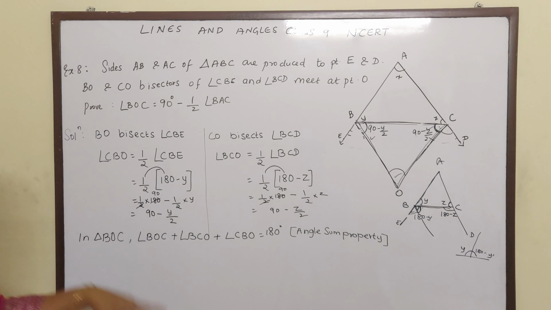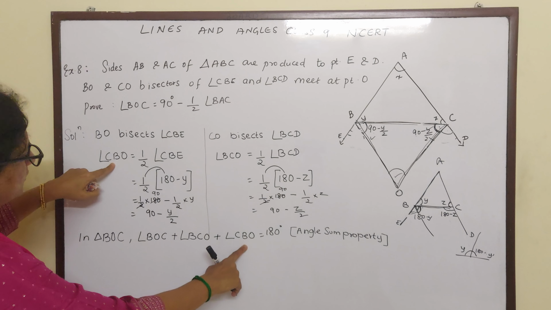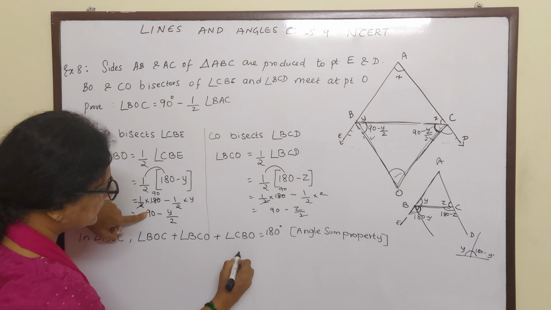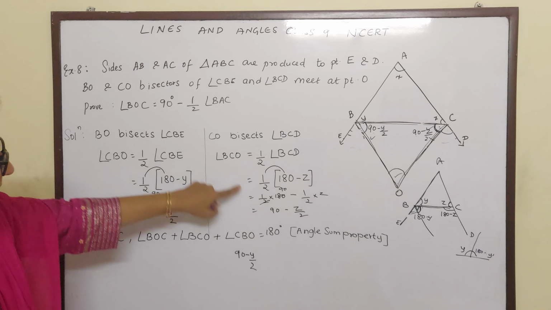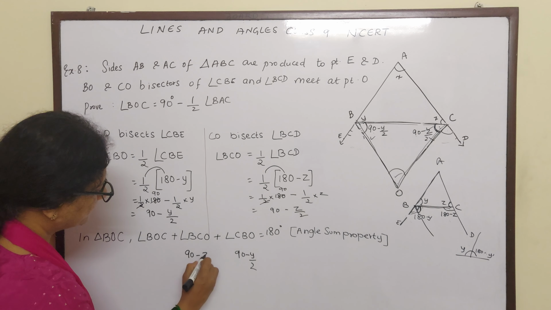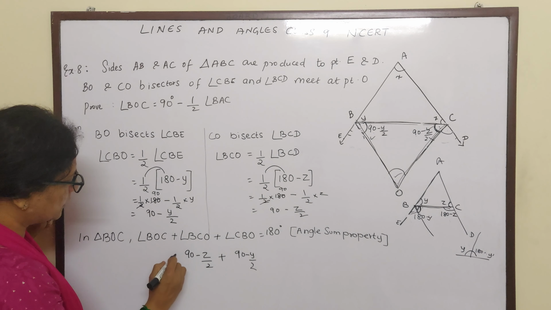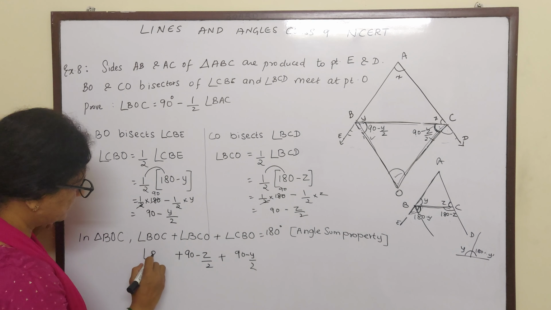Now whatever we know, we will replace it. We know CBO is 90 minus y by 2. We know BCO is 90 minus z by 2, and in between these two there is a plus sign. And we don't know BOC. We have to find BOC.